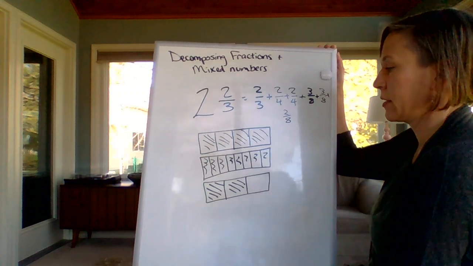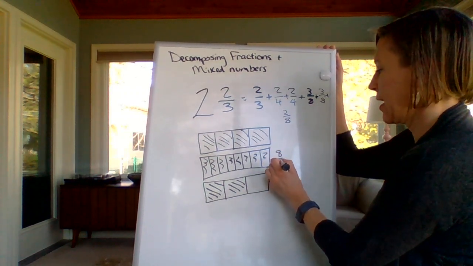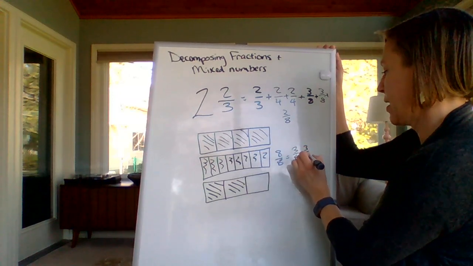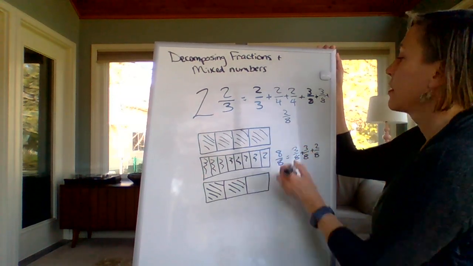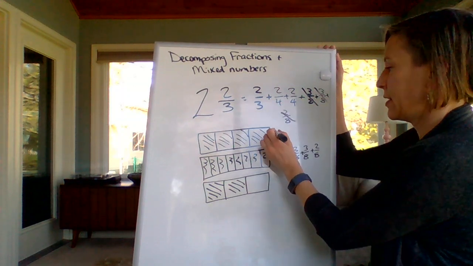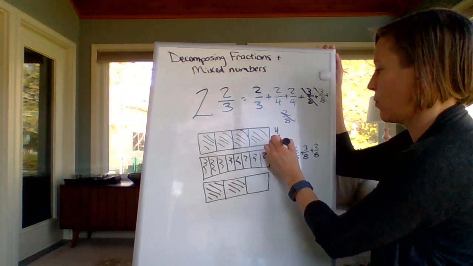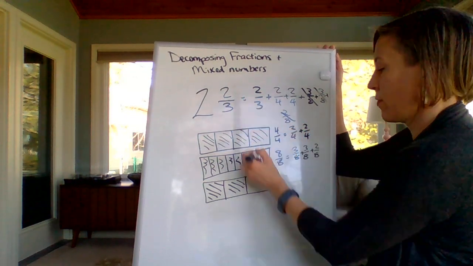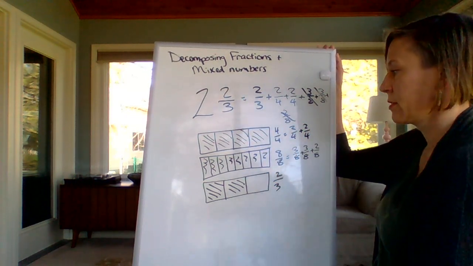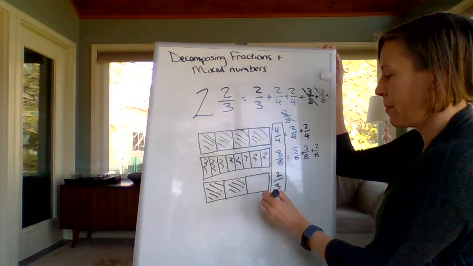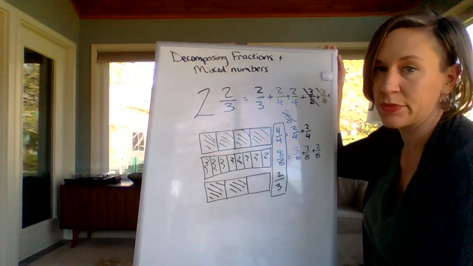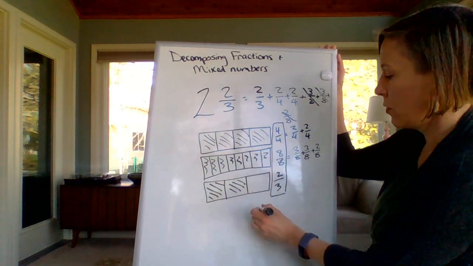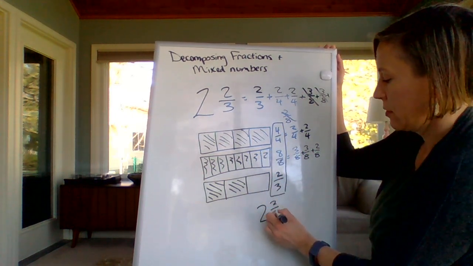I'll just write it down here. 8/8, which was 3/8 plus 3/8 plus 2/8. And then if I did 2/4 plus 2/4, that's 4/4. And then over here we have 2/3. So if I take those and put them back together, okay, I decomposed them, but now if I compose them, I get 2 wholes and 2/3.